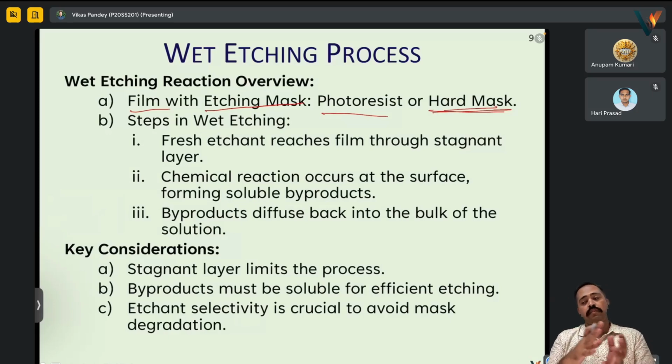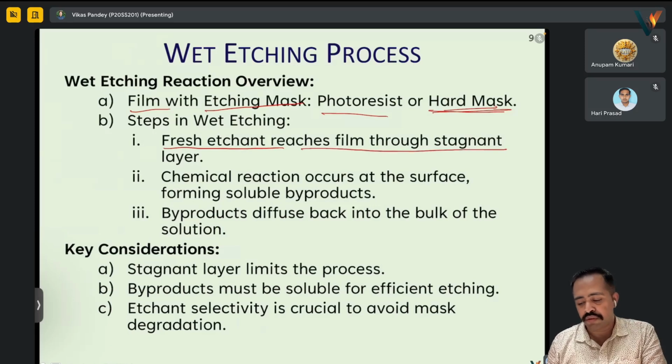So what is the process that occurs? The fresh etchant reaches the film through the stagnant layer. Then the chemical reaction occurs at the surface, forming soluble byproducts.